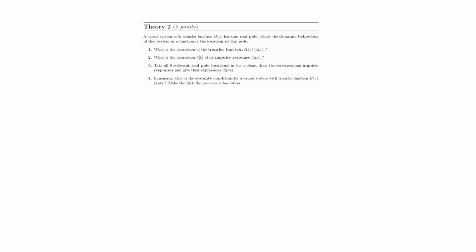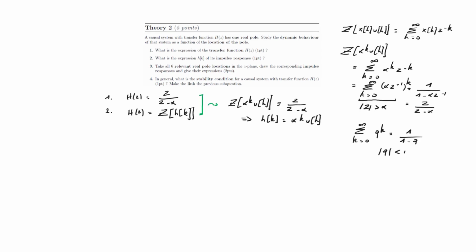In the second theory question, which is also the last question, you're asked to study the dynamic behavior of a transfer function H of z with one real pole. Try to do this by yourself first and push the pause button. Well, this is quite easy. The only transfer function that has one real pole is this one over here, z over z minus alpha.